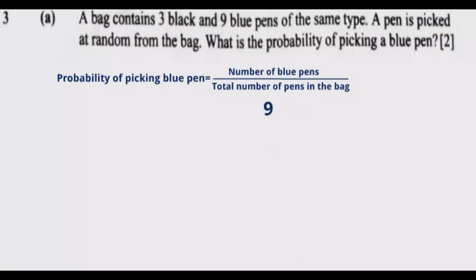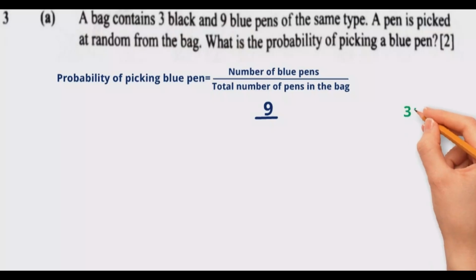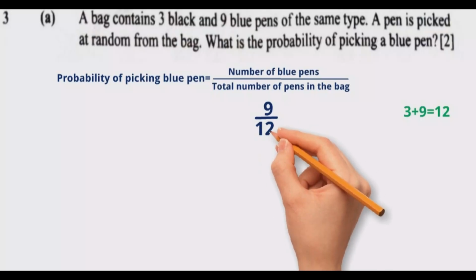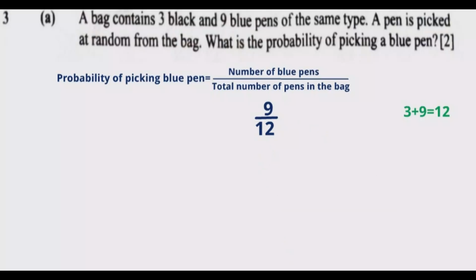We write 9 there. Then over the total number of pens, which we don't know. So to find the total number of pens, we find the sum of black pens and blue pens. Black pens there are 3 and blue pens there are 9. So 3 plus 9 will give us 12. So now we have 9 over 12.